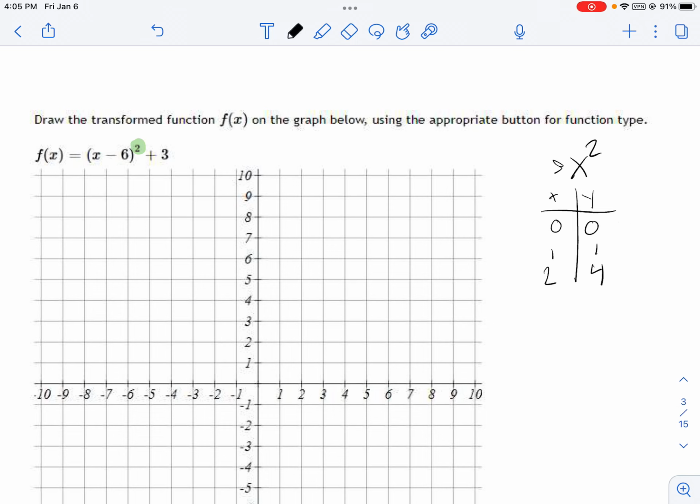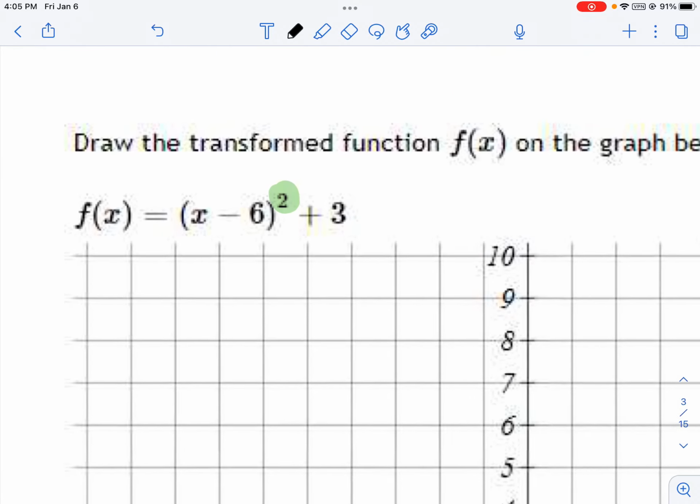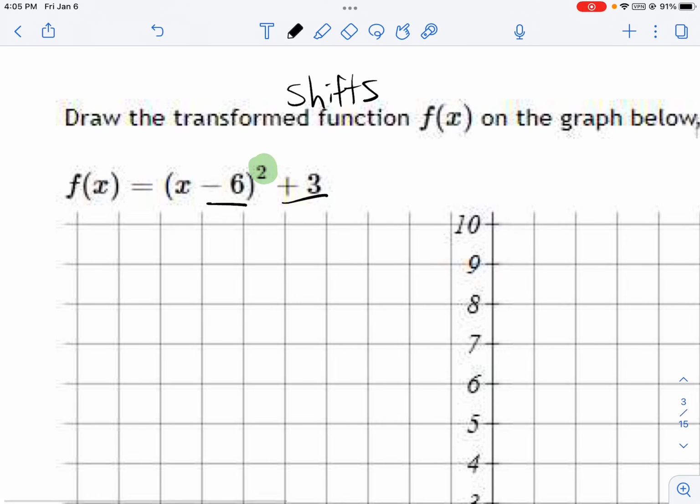So now we have to figure out what transformations we're looking at. First thing I see is we have this minus 6 and plus 3. Remember, all addition or subtraction are known as shifts. Depending on where you see that addition or subtraction determines whether they are horizontal or vertical shifts.